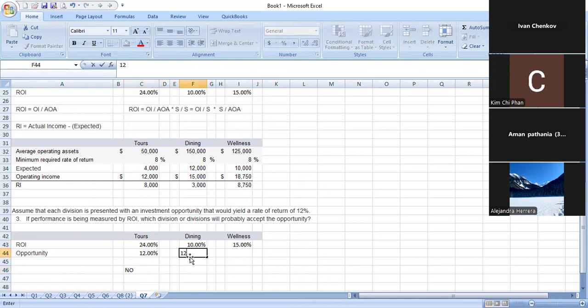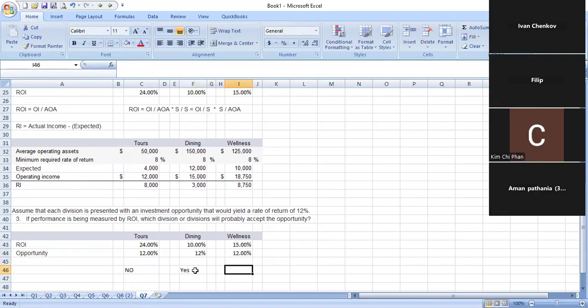Yes. 12%, clearly it's going to accept it, right? And is the last division going to accept it? That will be yes, and that will be no here. That's based on return on investment.